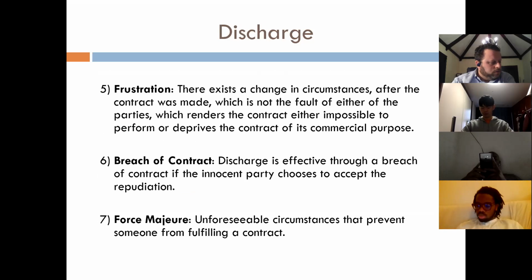So, where did I put that first one? Oh, okay. So frustration. There's a change in circumstances after the contract was made, which is not the fault of either of the parties, but makes the contract impossible to perform or no longer commercially relevant.